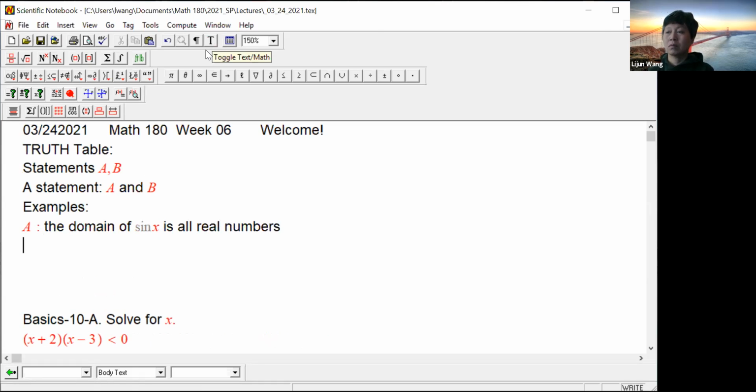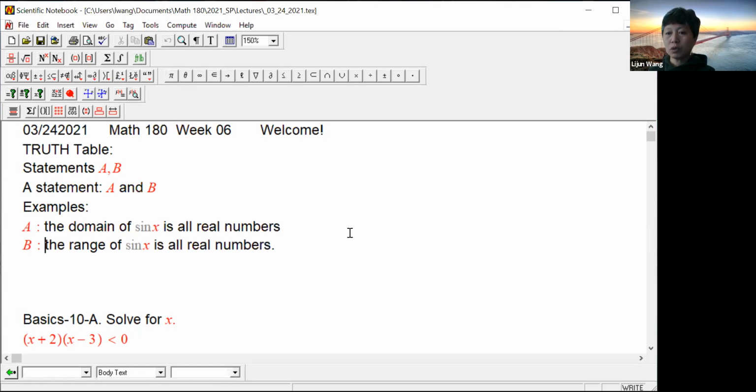B, I say the range of sine is all real numbers. Looking at these two statements, we will be able to judge, right?